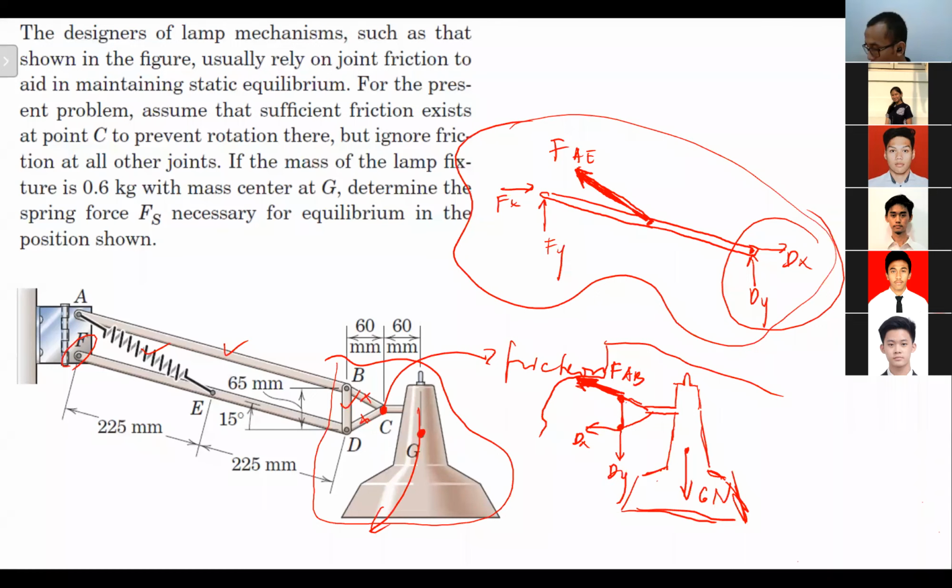In this particular free body diagram, we have three unknowns: FAB, Dx, Dy, and we have three equations as well: sigma Fx equal to 0, sigma Fy equal to 0, and sigma moment equal to 0.